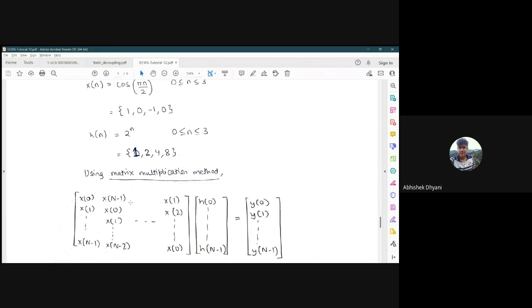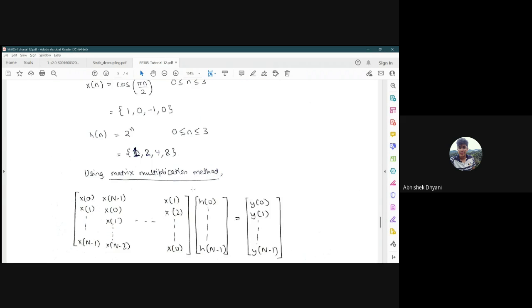Similarly, for the next column, I will again move x0 to the third place, x1 to the fourth place, x of n minus 1 to the second place, and x of n minus 2 to the first place. So we are just shifting each element by one and obtaining a new column, until in the last column x0 comes at the bottom, right? So that is how we will obtain this matrix.